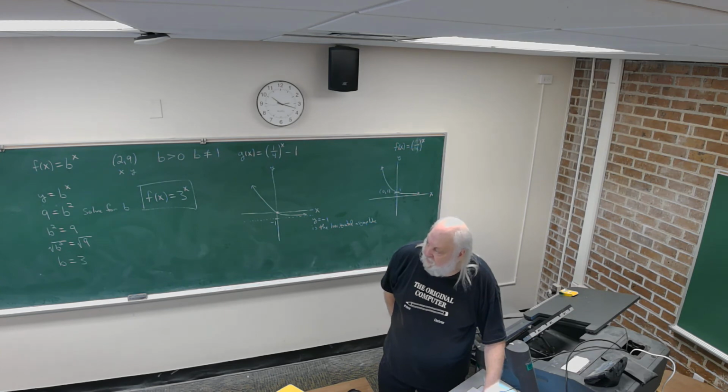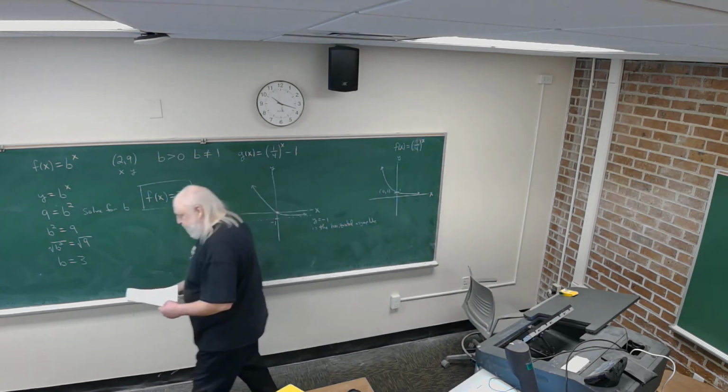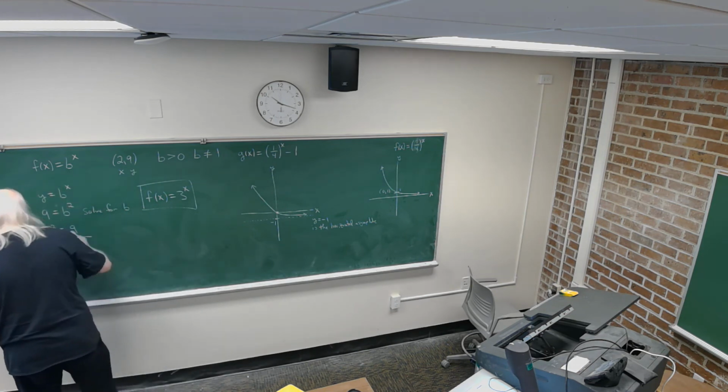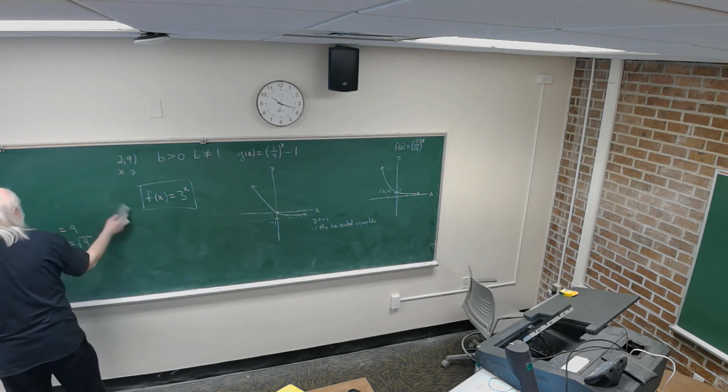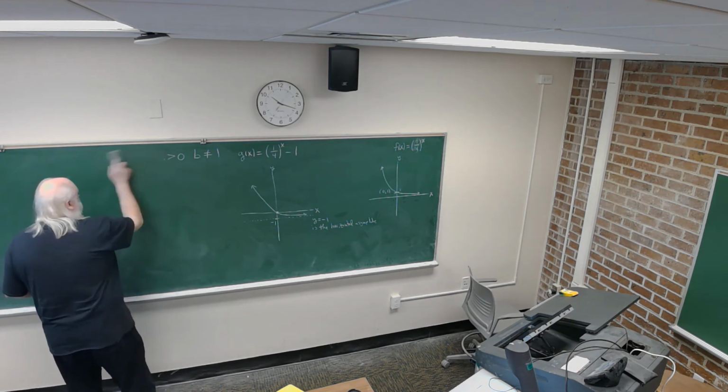So we have a to the x1 is equal to a to the x2. The base is a for both exponentials, so it has to be true that the exponent x1 equals the exponent x2. We can take advantage of that property in solving some exponential equations.